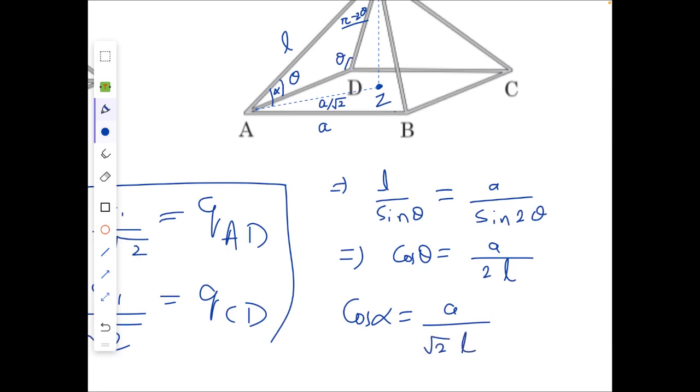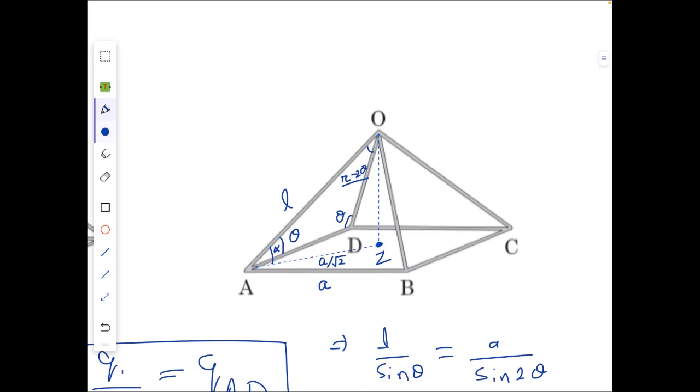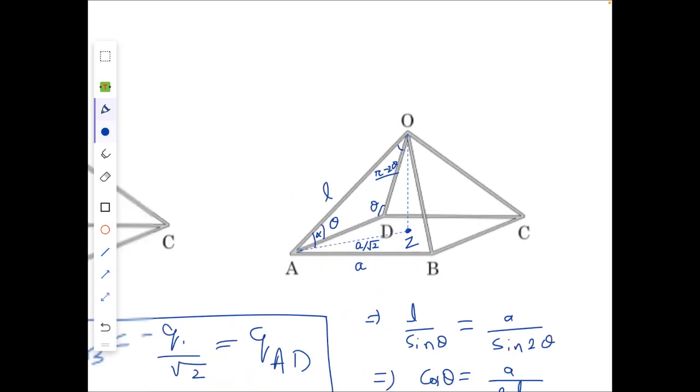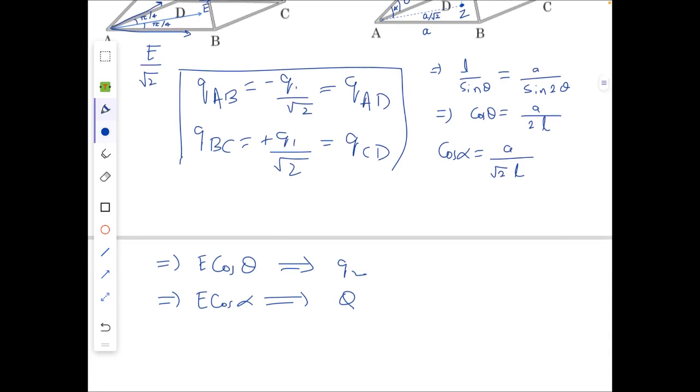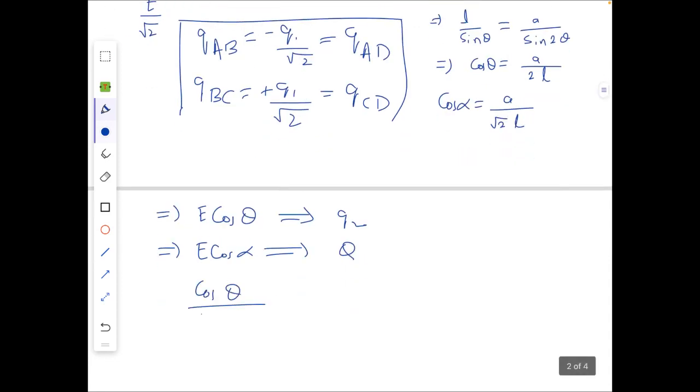And in case 1, the component of electric field along rod OA or OB was E cos theta, and now it will be E cos alpha. So initially the component along OA was E cos theta, which induced a charge of Q2, and now it is E cos alpha, which induces a charge of, let's say, Q. So from here cos theta by cos alpha equals Q2 by Q, as the charge is directly proportional to the electric field.